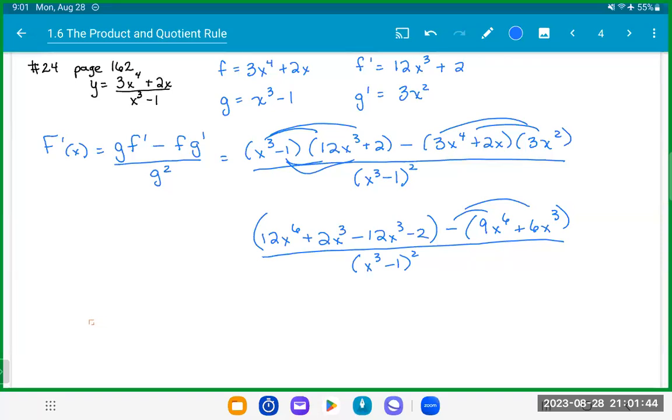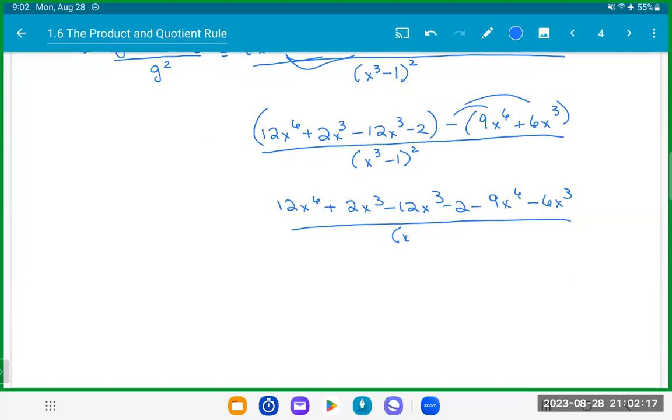So this then gives us 12x to the 6 plus 2x cubed minus 12x cubed minus 2 minus 9x to the 6 minus 6x cubed, all over x cubed minus 1 squared. So now we want to simplify our terms.